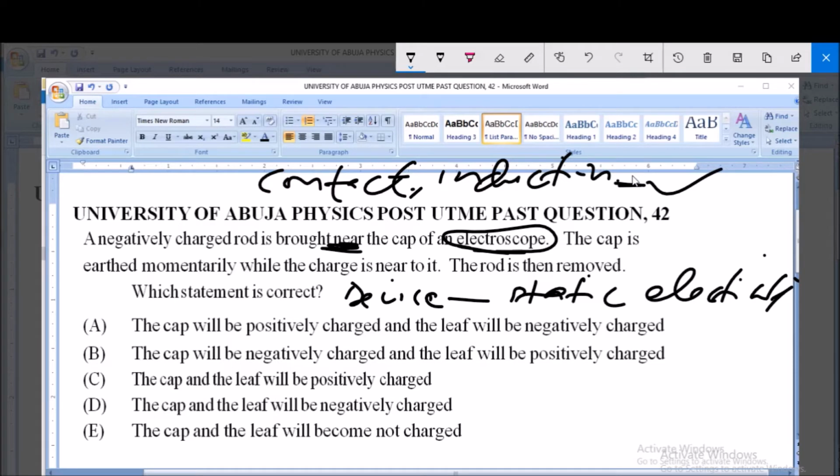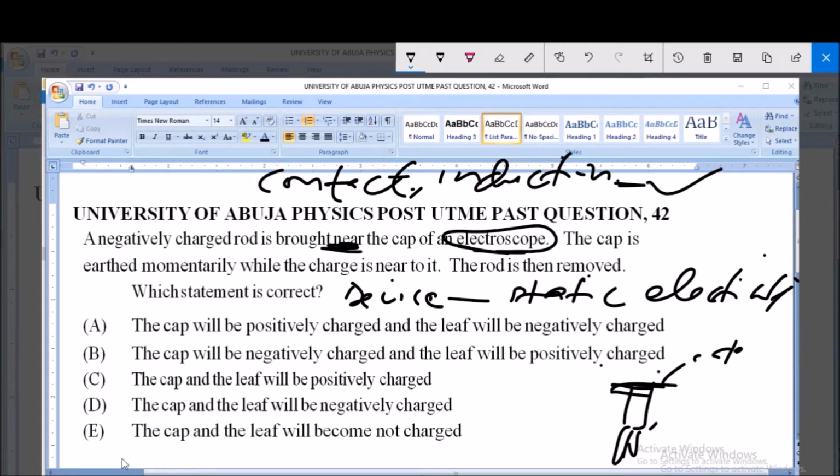Now, by induction in a gold leaf electroscope. Let's say this is the electroscope and this is the gold leaf. When a charged substance or a charged device is brought near the cap of the gold leaf electroscope, what happens?